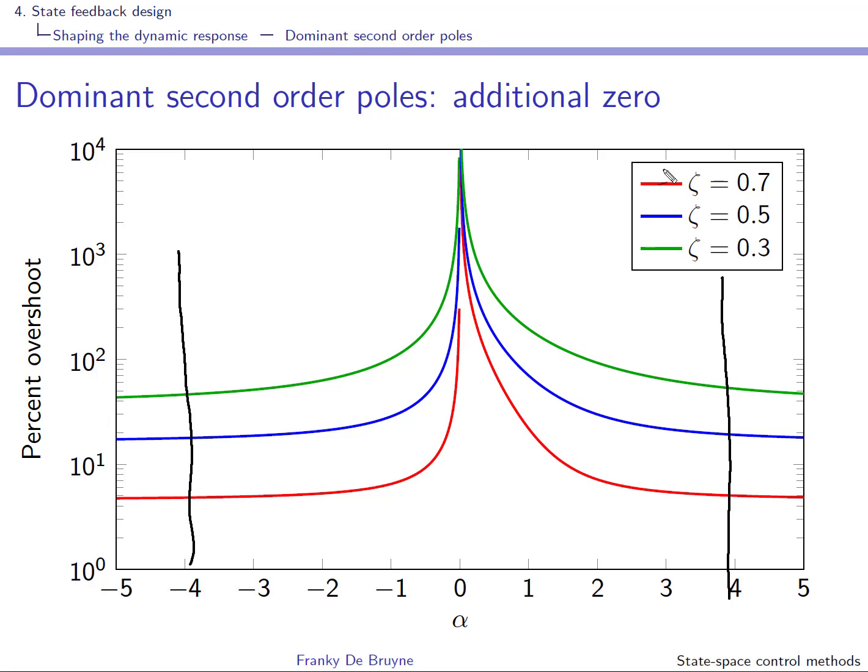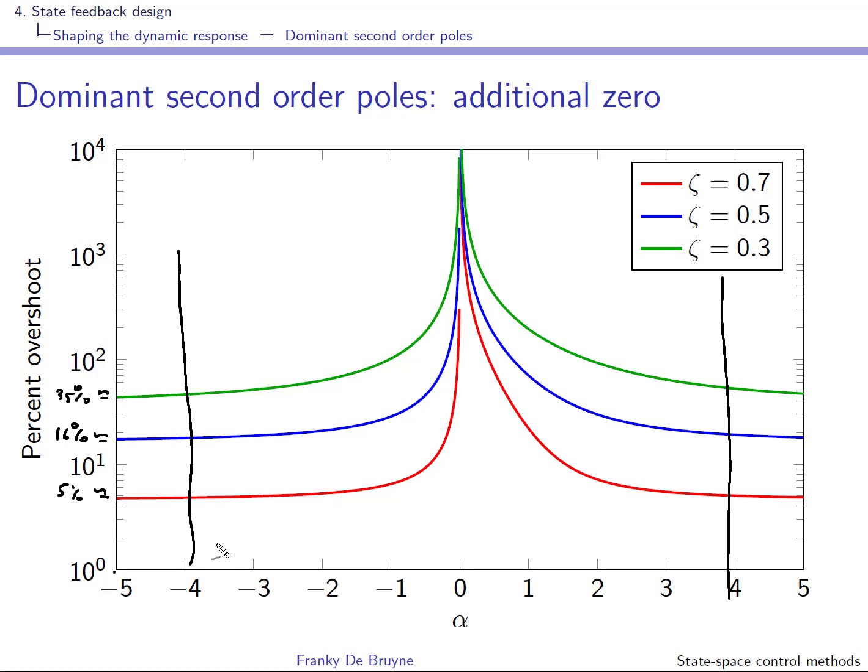So with a zeta of 0.7, you would expect something around 5%. This is indeed correct: 1, 2, 3, 4, 5. So this is approximately 5%. For zeta 0.5, we have seen this is approximately 16%. And with zeta equal to 0.3, this is approximately 35% overshoot.